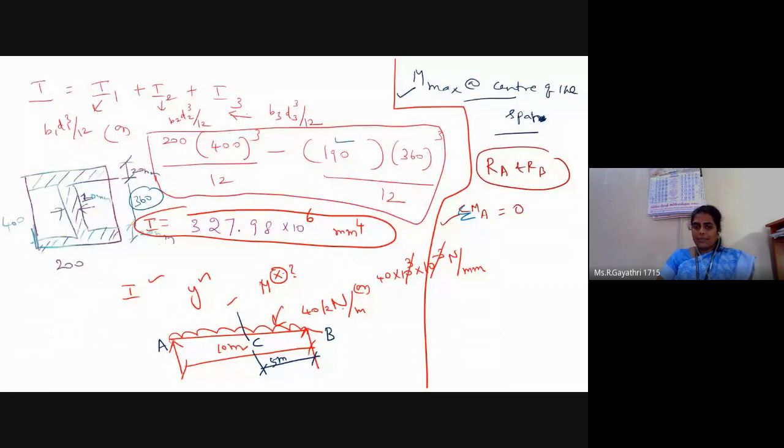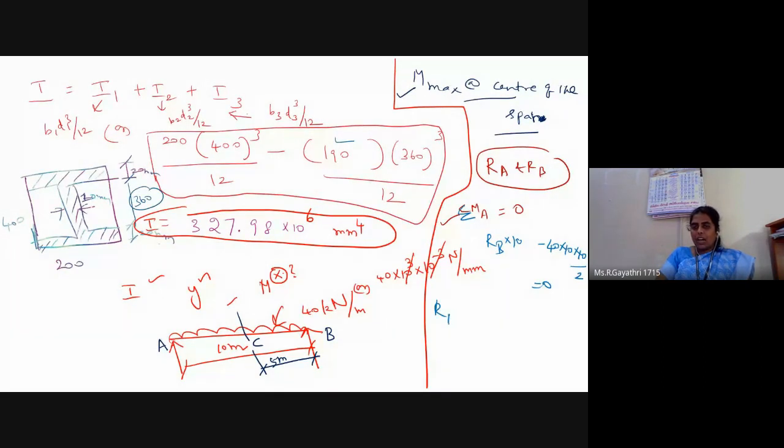Moment about A equation: you can start from the right end. So RB, upward force, into distance 10 meter. Next, UDL means 40 over the entire span, so 40 into 10, at half distance, 10 by 2, is equal to 0.